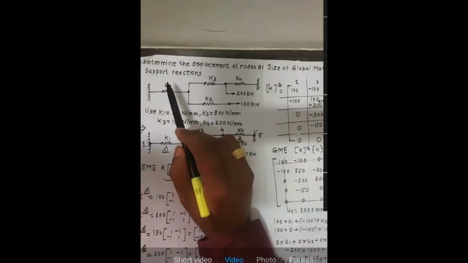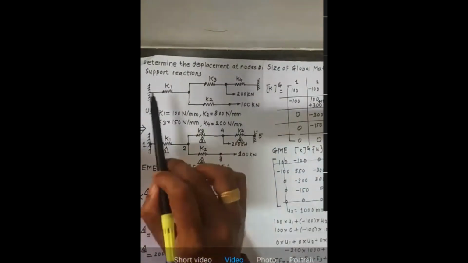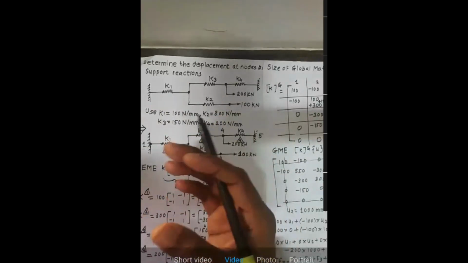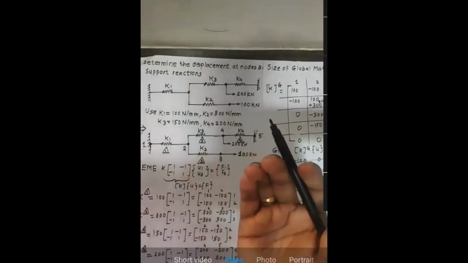See, in the problem, they have already given K1, K2, K3. These are nothing but springs. A spring is an element, because every spring will have a different value of stiffness.